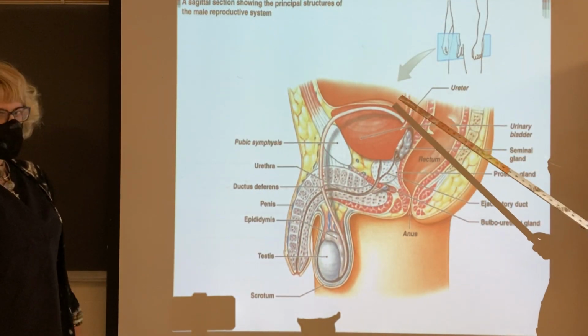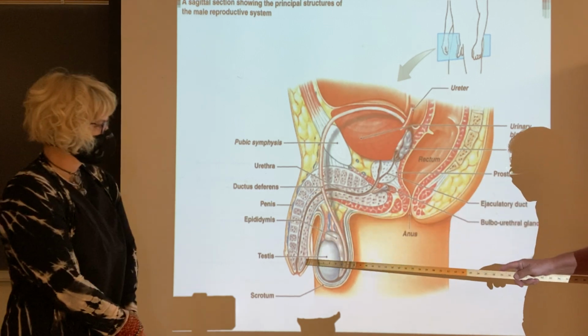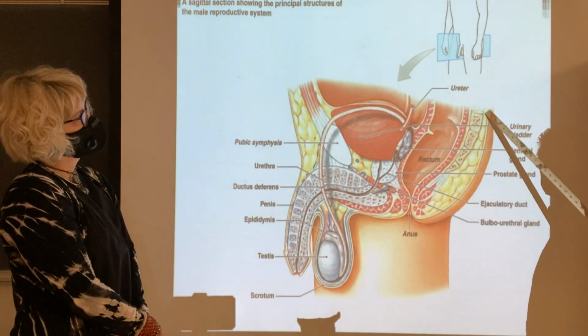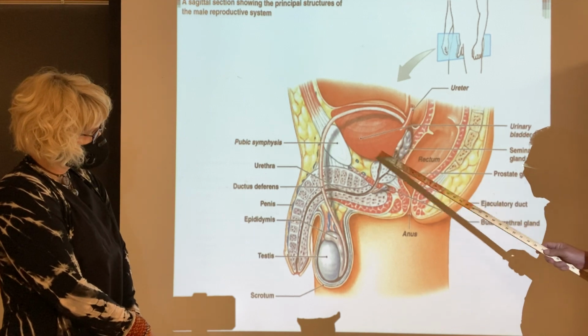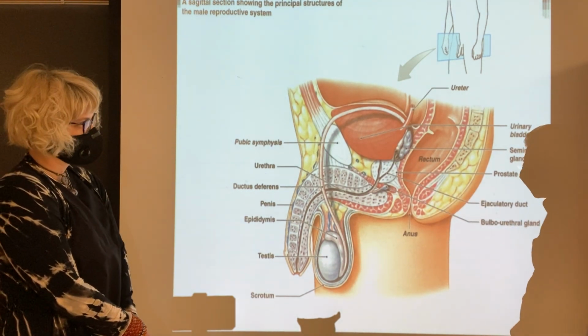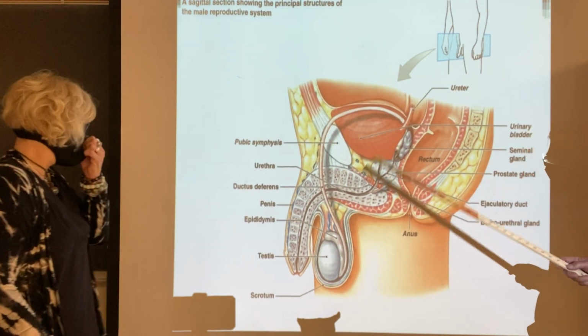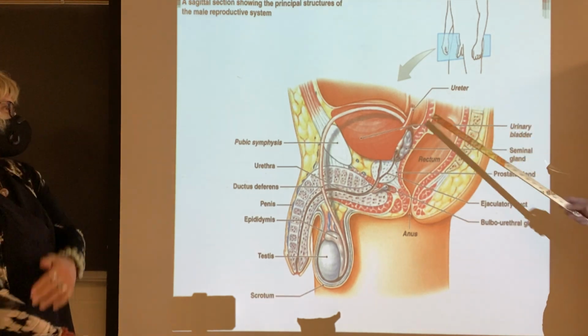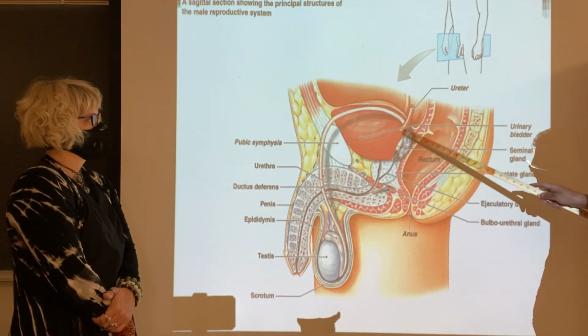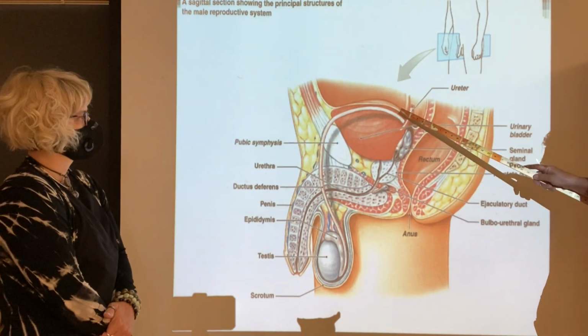Here we see the gross sagittal view of the male reproductive system. So here, as you can see, we have the bladder.